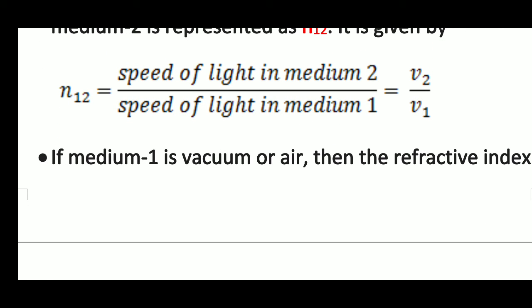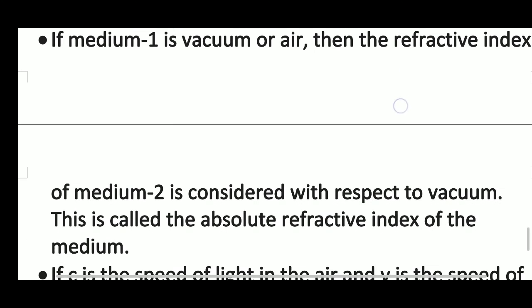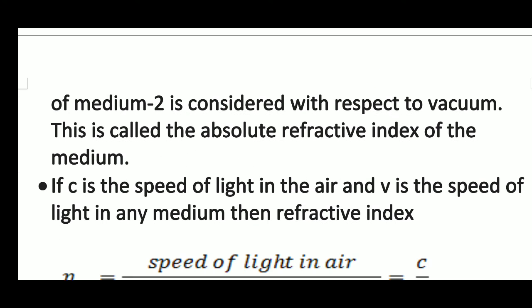And if medium 1 is vacuum or air, then the refractive index of medium 2 is considered with respect to vacuum. This is called the absolute refractive index of the medium. Means if one medium is air or vacuum, then the refractive index of the other medium will be the absolute refractive index of that medium.